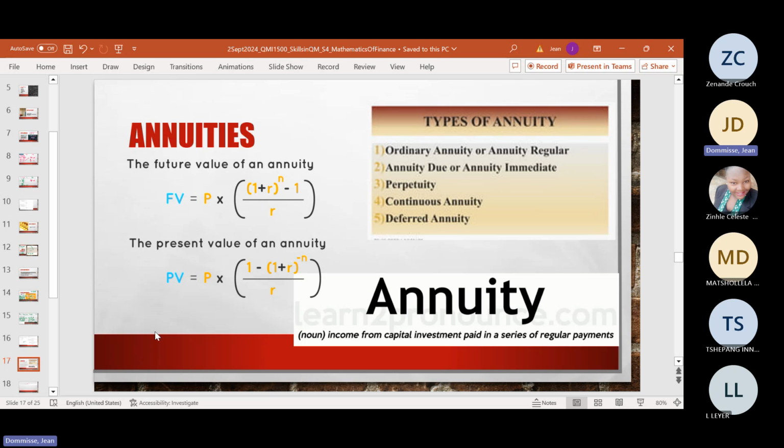If you want to work with the formula, I will still supply you with a formula page. When I am back at home, I will scan that formula page and send it to you guys so that you have it.